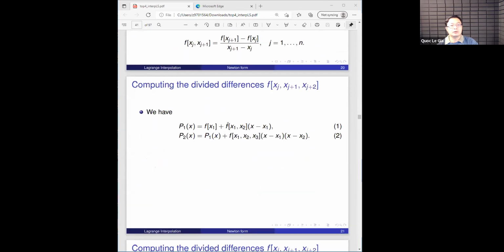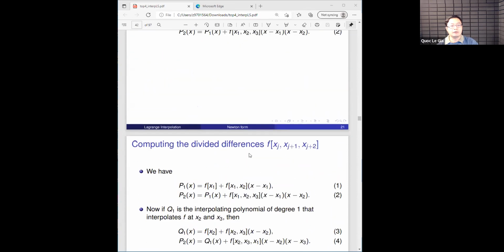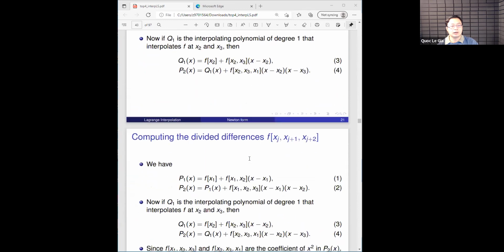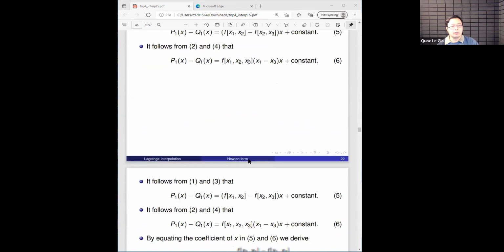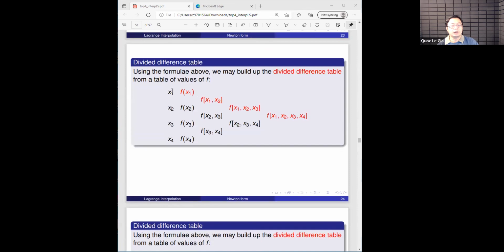So you have a table of divided difference coefficients, and the table can be computed like this. You just put in all the values here, x1, x2 up to xn, and then f(x1) up to f(xn).